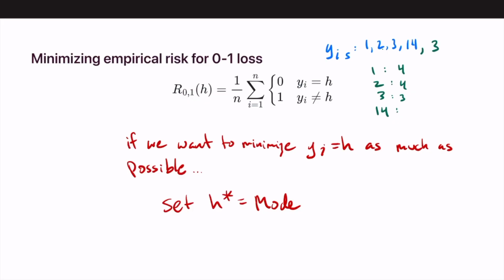And for 14, it would be 4. So in this case, the value of 3 minimizes loss, it gives us 3. So that's why we set h star to the mode.